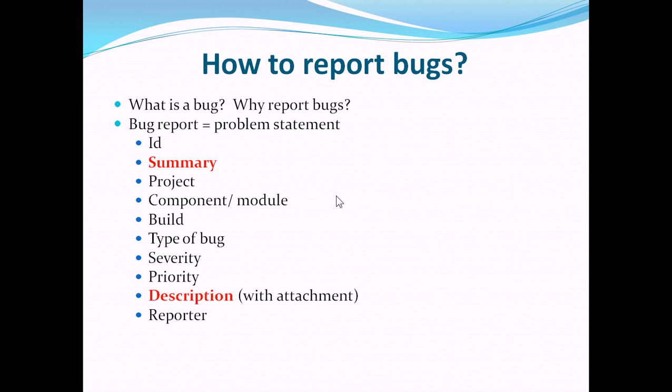So your summary should correctly explain the problem, so that quick action can be taken on it. If the summary is not in line with the actual bug, then action may be delayed on your reported bug.